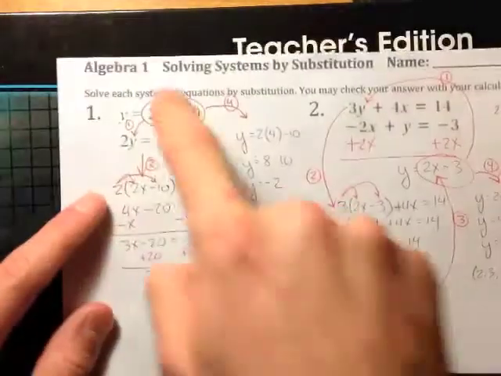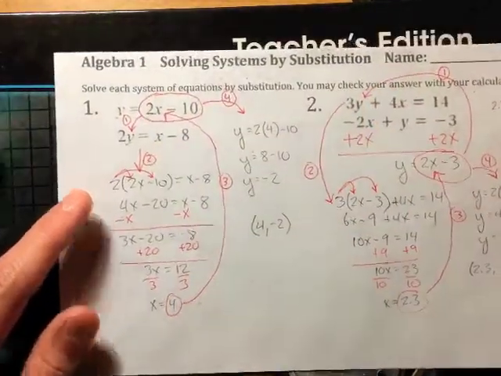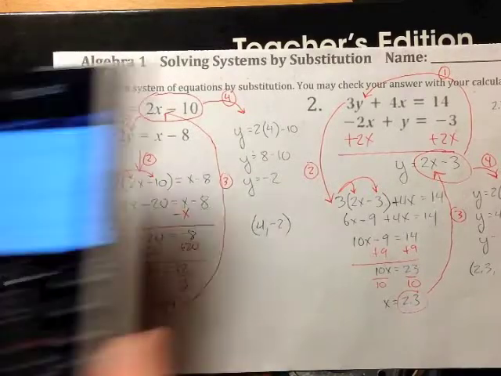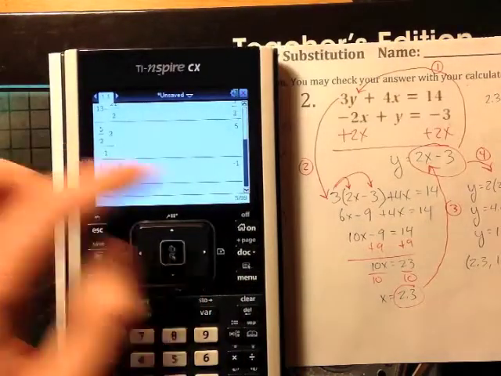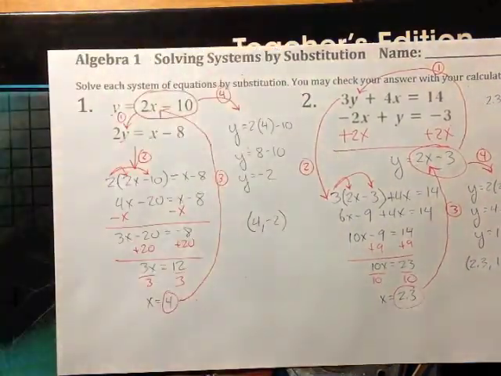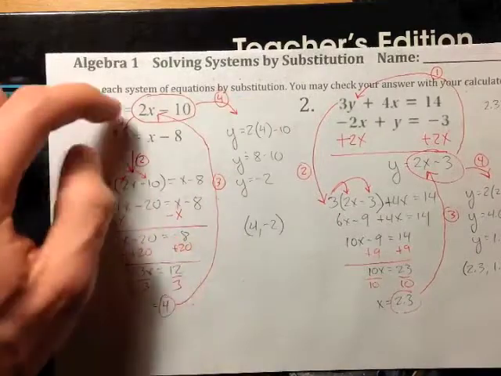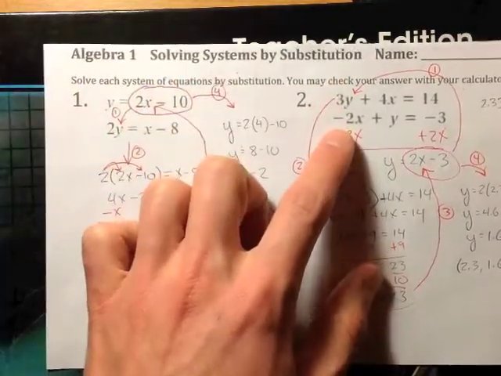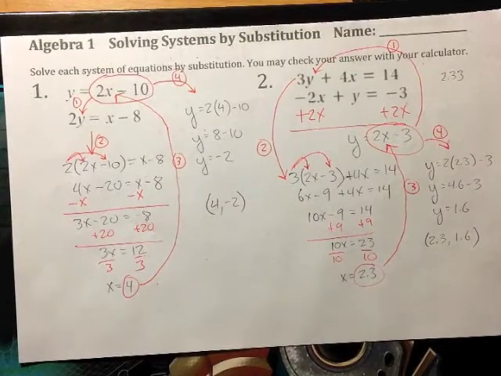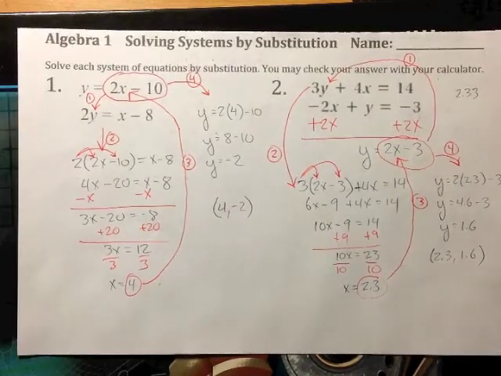So in every system of equations that you have to solve, find the easiest path, please. And I don't mean use the calculator to solve that way. When I ask you to solve by substitution, try to find the easiest equation to solve for y or for x. Okay? So that is it. Hope you learned something. Hope you feel a little bit more comfortable about this topic.